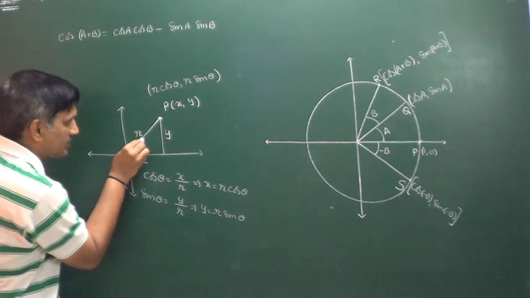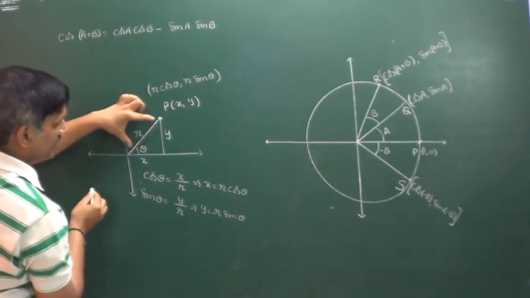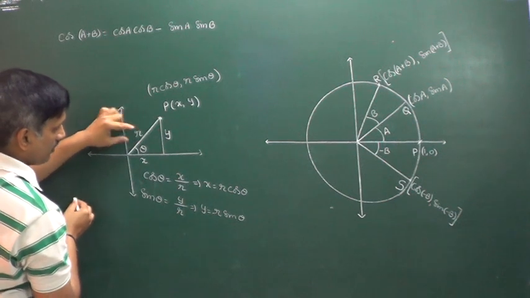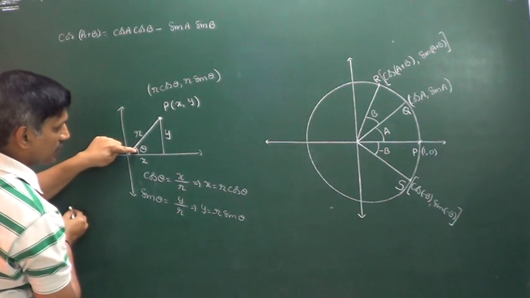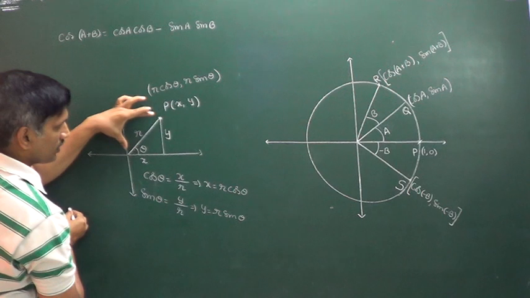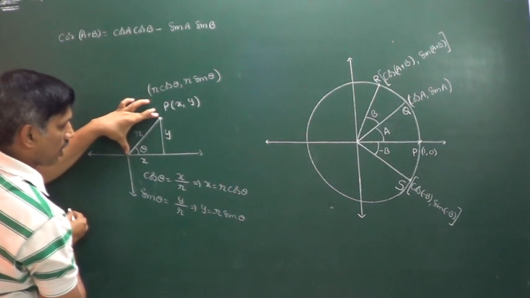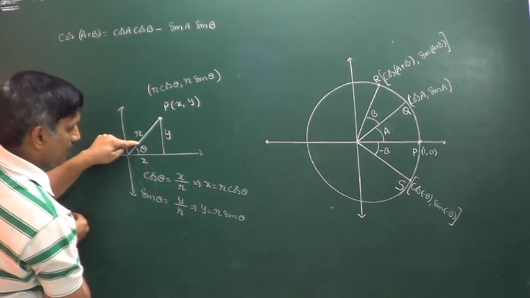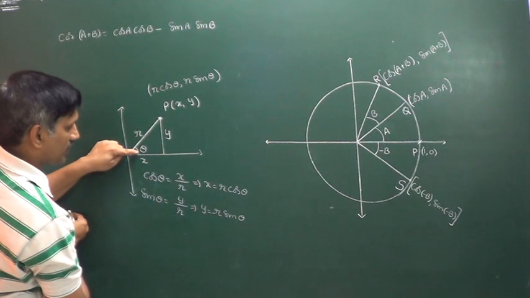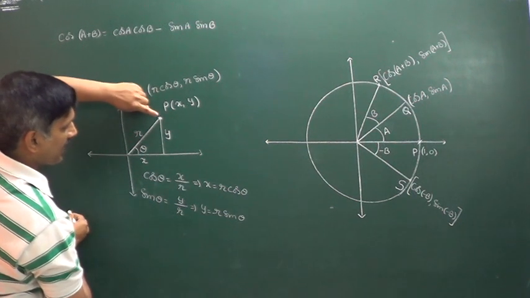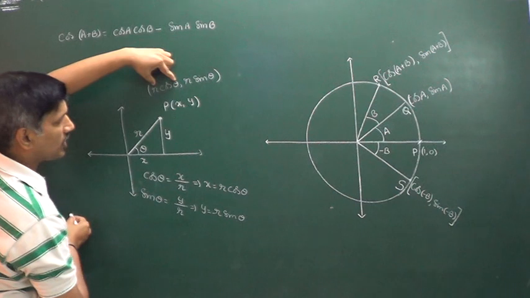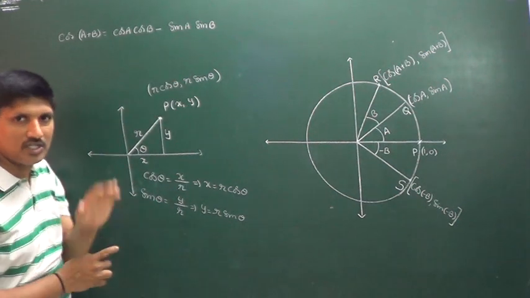This segment has distance r and makes an angle theta with the x-axis. Then we can write this point as (r cos theta, r sin theta).